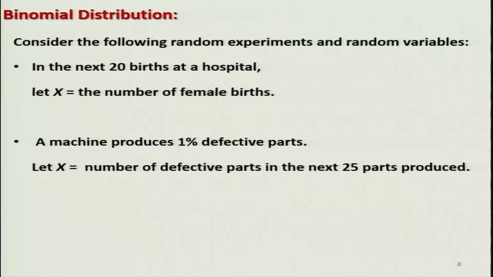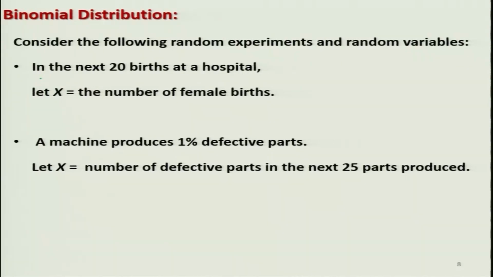Now suppose we consider an experiment and define the random variables which are going to ultimately give you an idea about the binomial distribution, or what type of probabilities can be considered under the binomial distribution. So, consider the following random experiment and random variables.